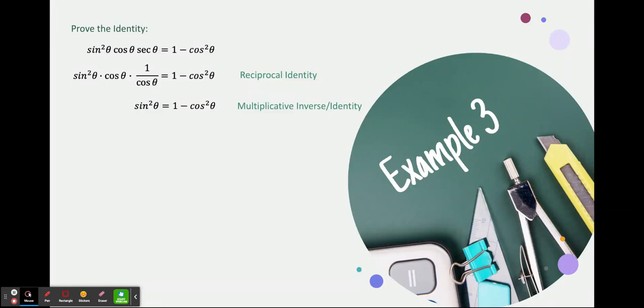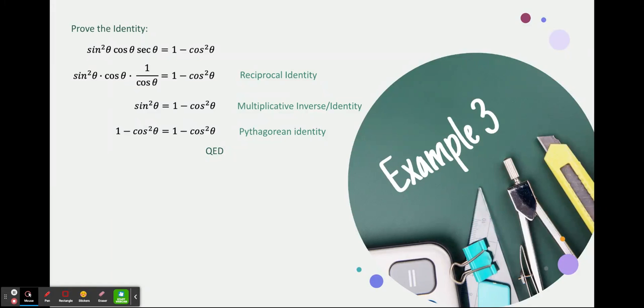So that leaves us sine squared equals 1 minus cosine squared. So we know, based off those identities I gave you in the beginning, that we can also write sine squared as 1 minus cosine squared, because we can manipulate the Pythagorean identities, QED, because we now have the two sides equivalent.